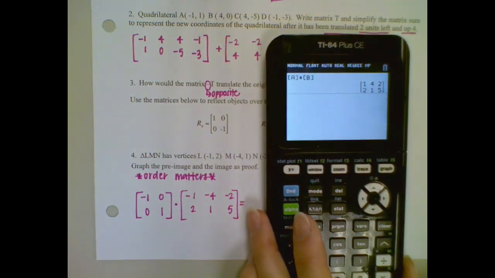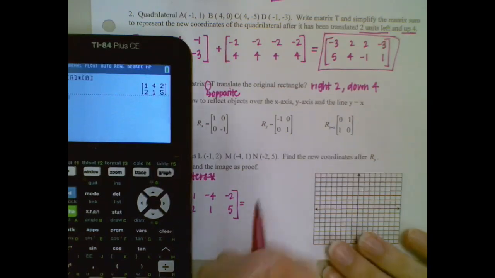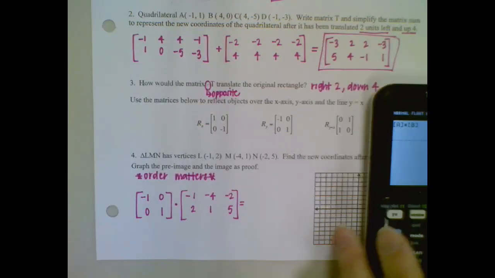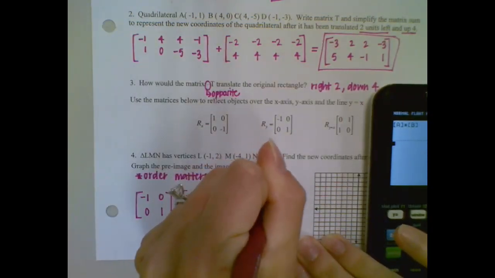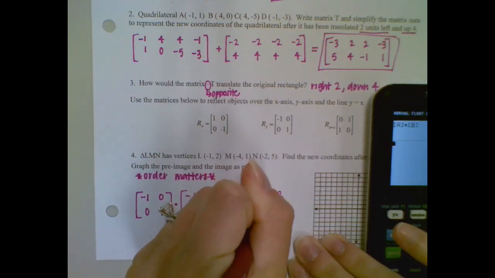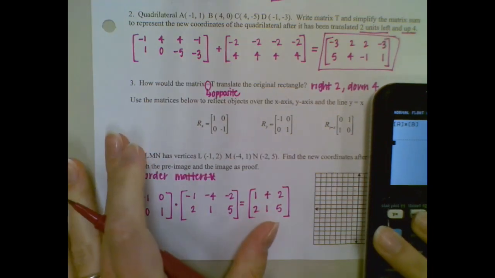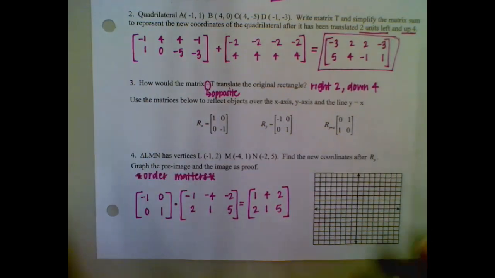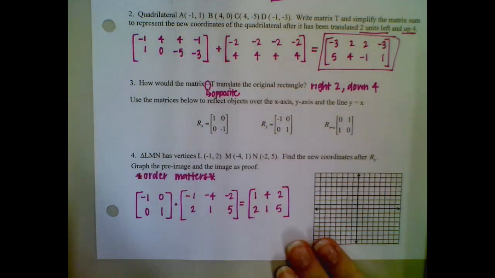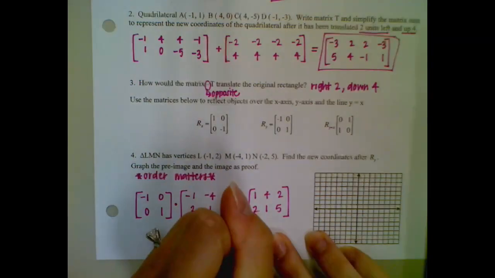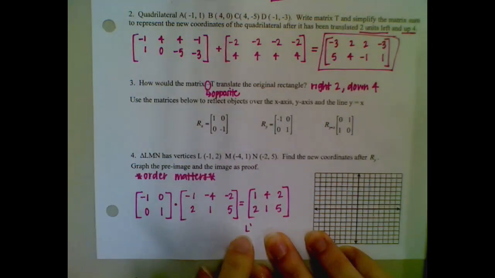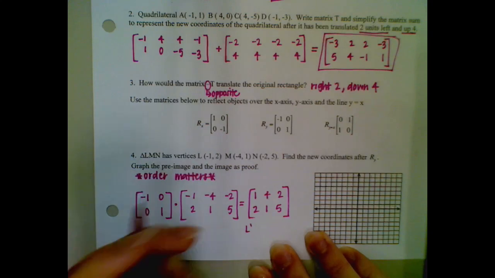And hopefully you guys got those same numbers. Okay, I have to move this over here because I'm left-handed. So I've got 1, 4, 2, 2, 1, 5. All right, so that means that their new coordinates, and I'm going to show this like that, okay? That's going to show the new coordinate, the translation.